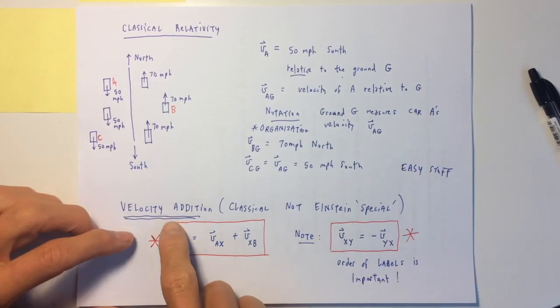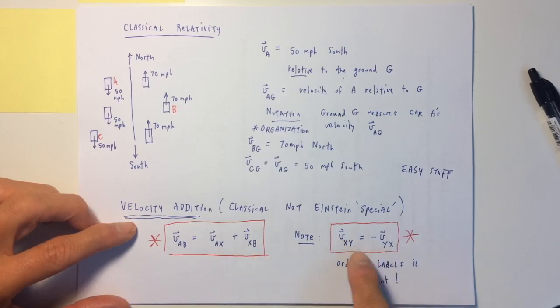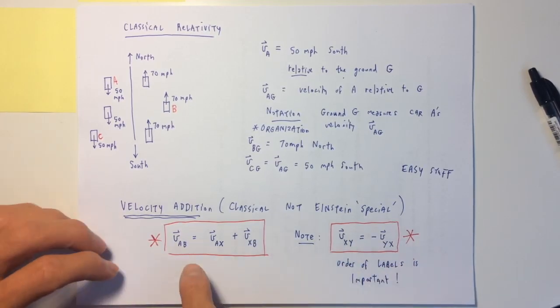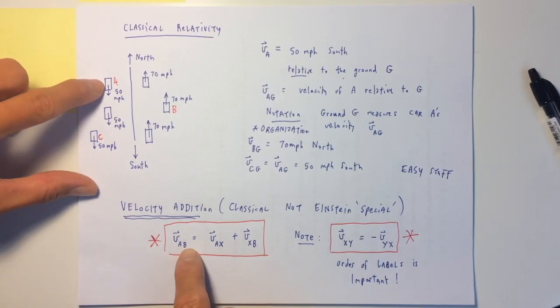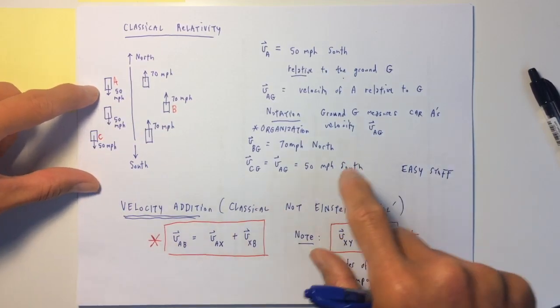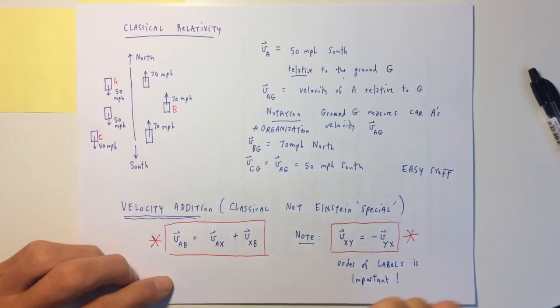So we've just talked about this velocity addition formula. And we also have this consideration here about the order of the labels being really important. I'd like to check if I have velocity of A and velocity of B with respect to the ground, maybe I could use x as the ground.